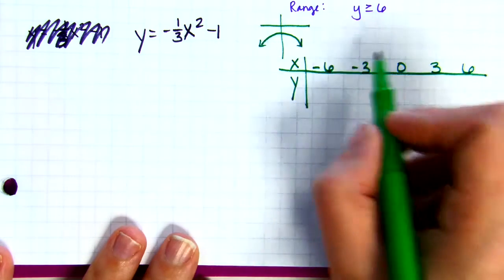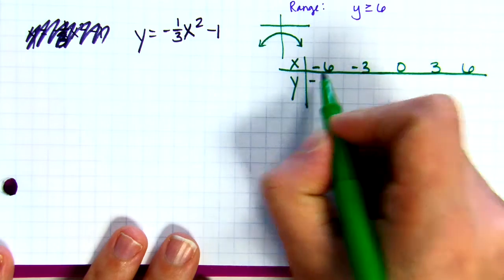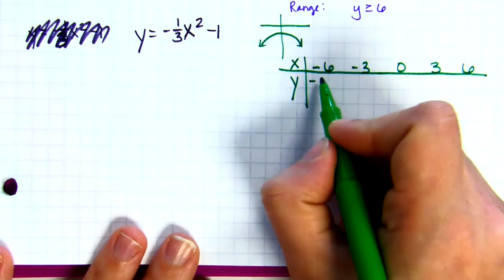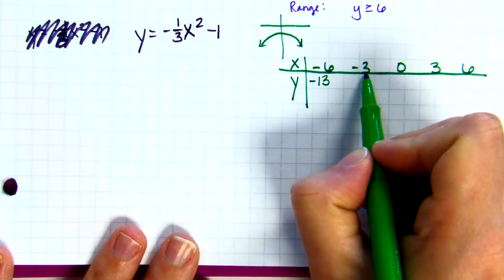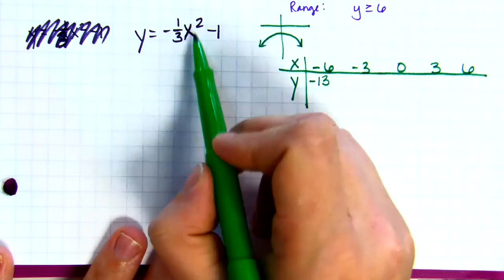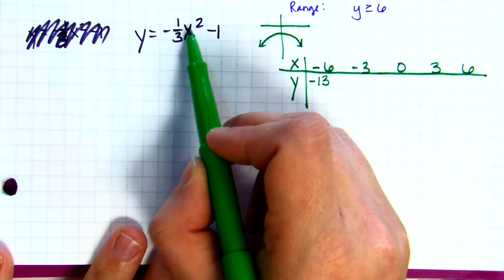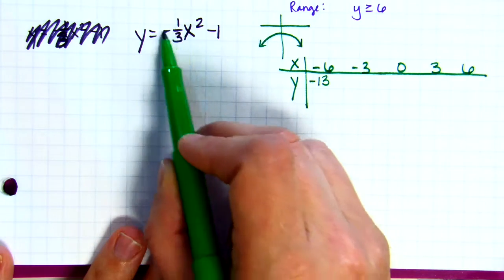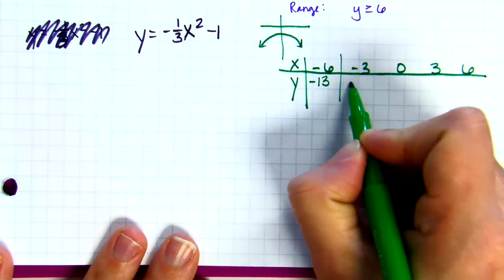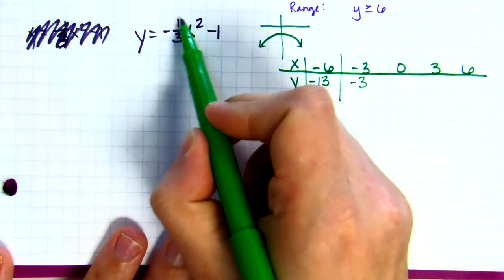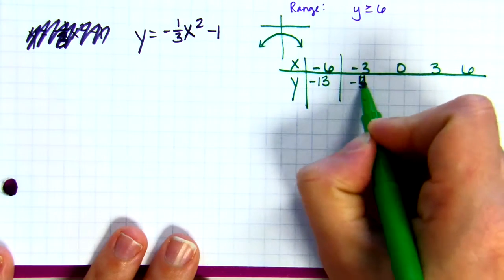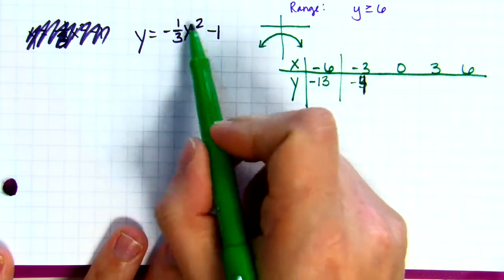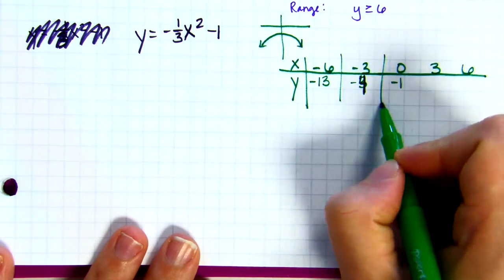A third of 36 is 12, so that's going to be negative 12, minus 1 is negative 13. 3 squared is 9. A third of 9 is 3, and it's negative, so it'll be negative 3. And then I'm subtracting one more, so negative 4. 0 minus 1 is negative 1.